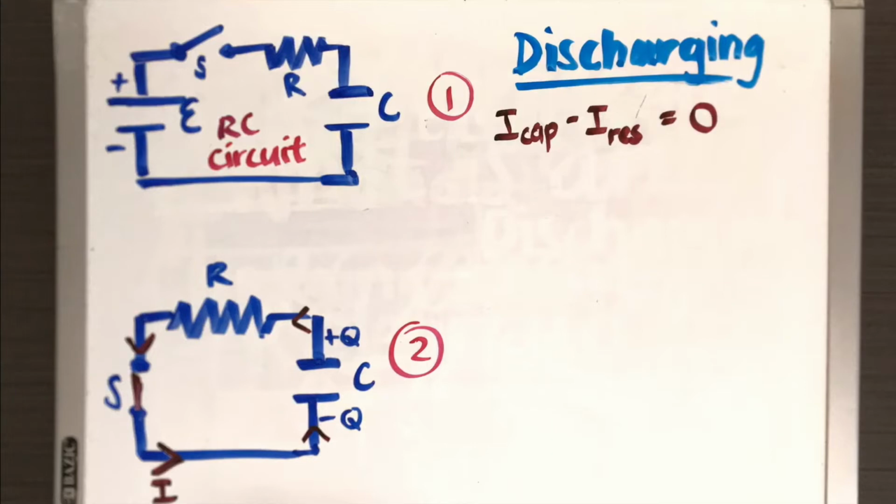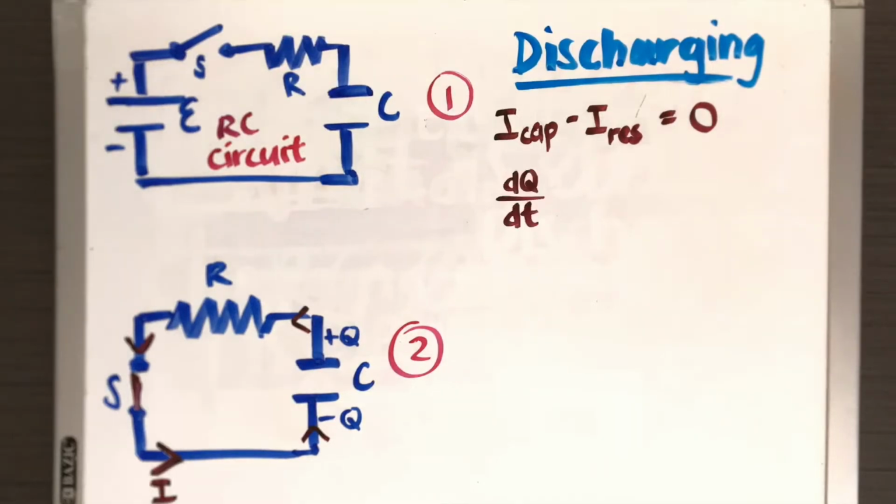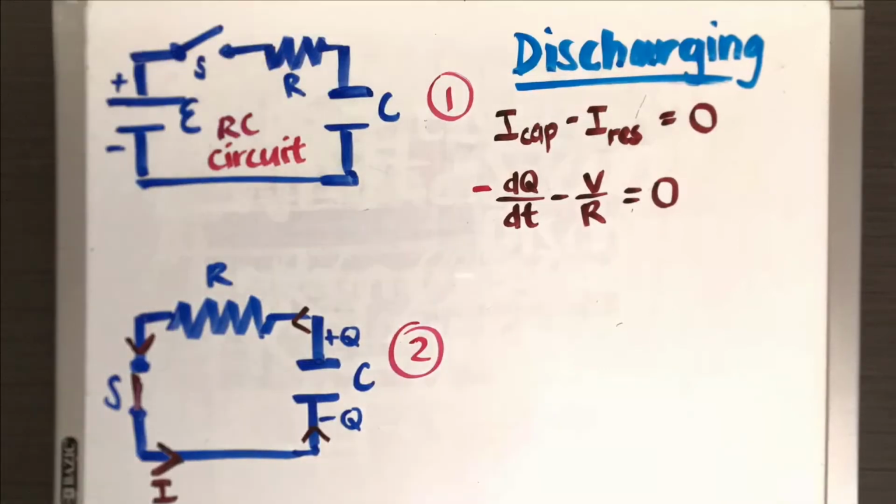The current through the capacitor is also the derivative of the charge of the capacitor as time changes, dq over dt. And the current through the resistor is V over R, which we know from Ohm's law. Because the capacitor is discharging, we put a negative sign in front of dq over dt.